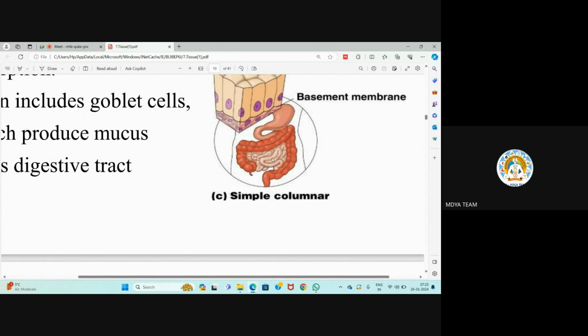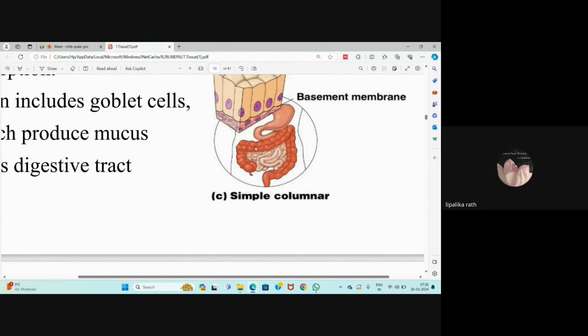Actually, the small intestine is much longer than the large intestine, but it is termed small because of its diameter. And the large intestine is termed large because of its larger diameter.